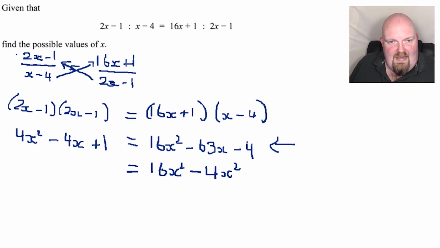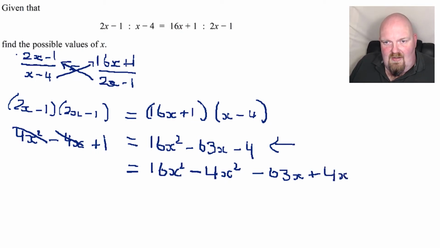So I've got rid of that. Then I've got take away 63x. And then I'm going to get rid of this, so I'm going to do the inverse. I'm going to add it. So add 4x. And then I've got negative 4. Then the inverse of that is going to be take away 1. Okay? And that's going to equal 0.